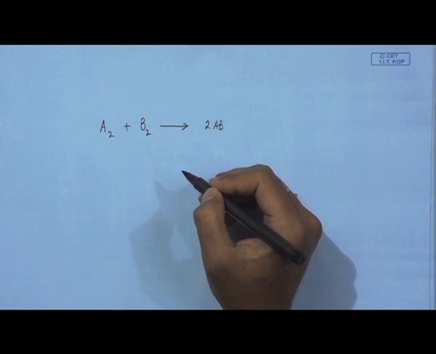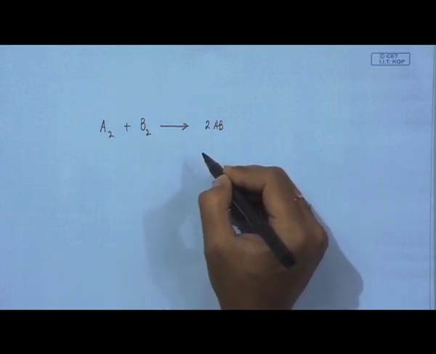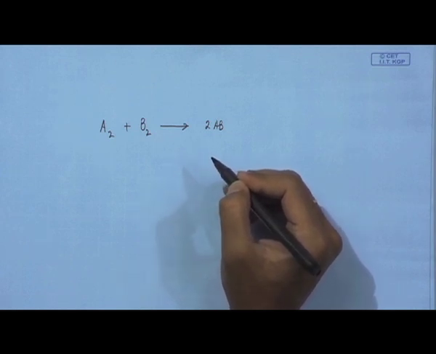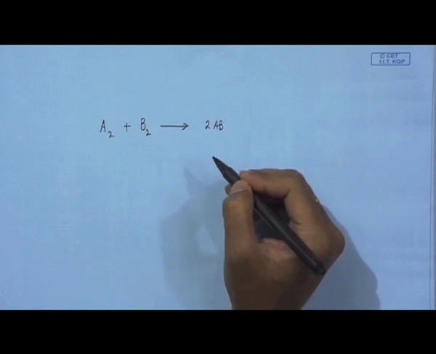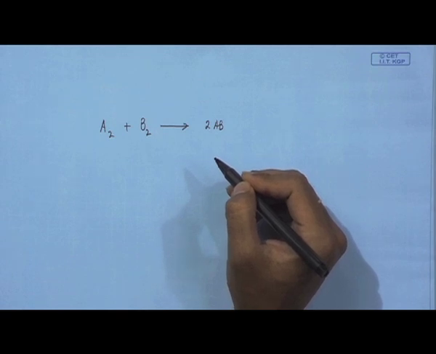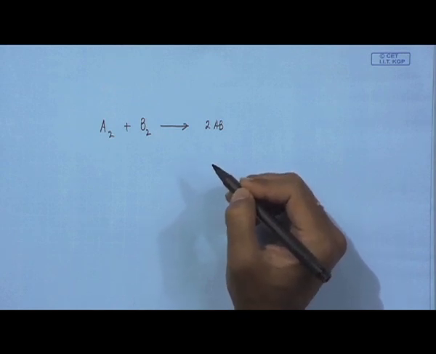So, we would like to study such elementary reactions, the possibility of such elementary reactions, and we want to probe and maybe promote them. This is what we are going to elaborate.